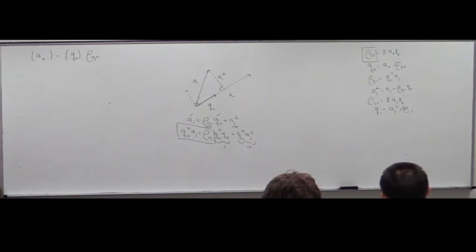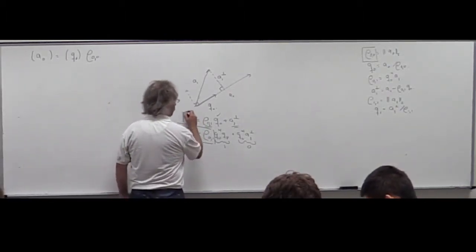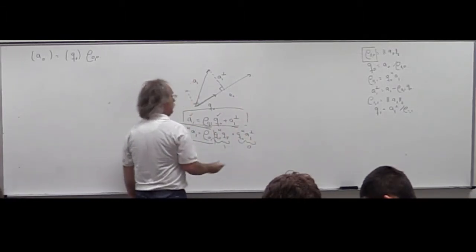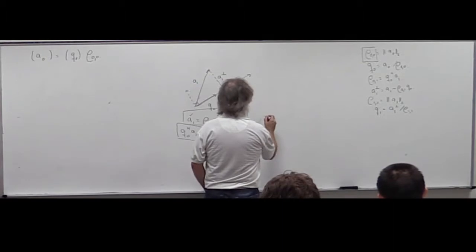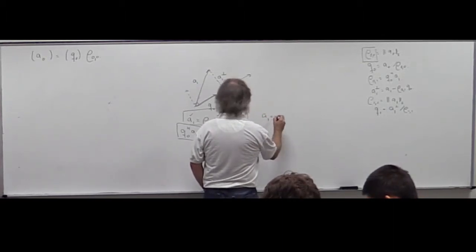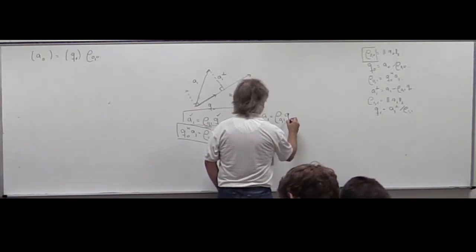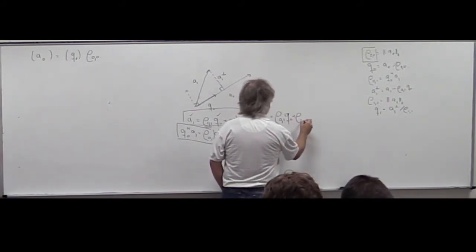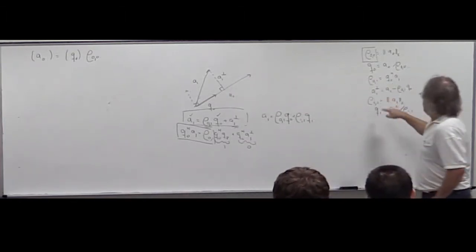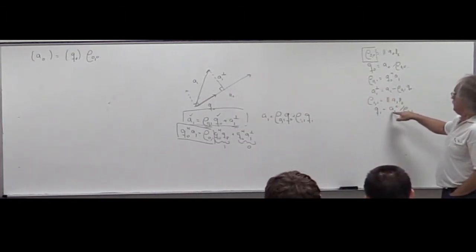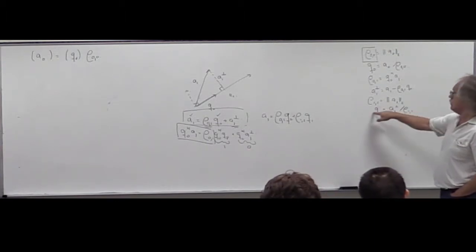So, but the important thing here is that if you look at this right here, you can write now that A1 is actually equal to rho 0,1 times Q0 plus rho 1,1 times Q1, because our A1 perpendicular was equal to rho 1,1 times Q1.